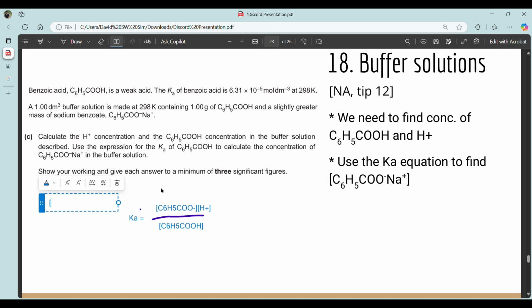So to find H+ from the pH, pH is negative log 10 of H+. So concentration of H+ equals 10 to the power of negative pH.